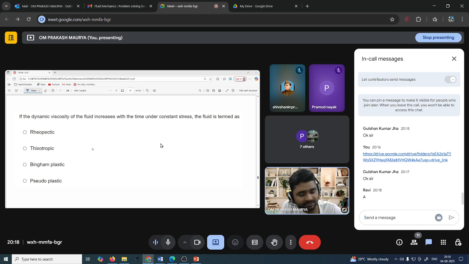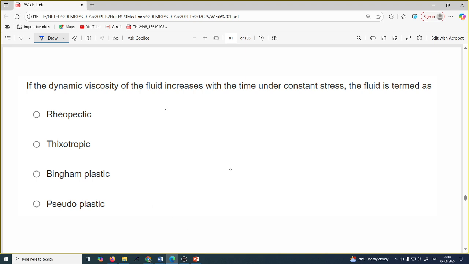We are talking about the dynamic viscosity of the fluid increasing with time. Here you have three things: dynamic viscosity, time, and constant shear stress. So tau you have constant, and dynamic viscosity can decrease or increase; here it increases with time.